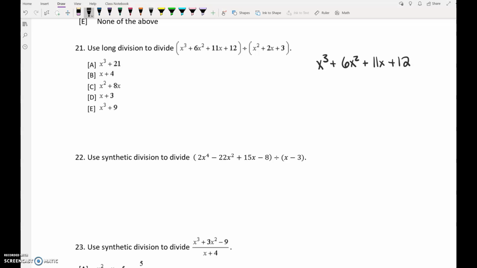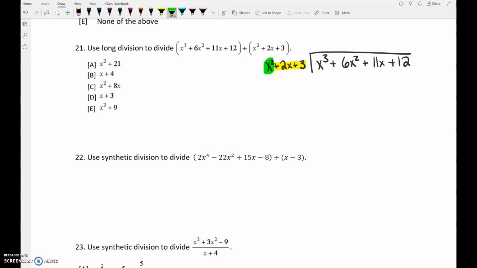We've got 3, 2, regular x, and then a number. We are dividing by x squared plus 2x plus 3. Now, honestly, the 2x plus 3 just come along for the ride. We are really focusing on this x squared in every single step. So, actually, I'm going to highlight that in green.